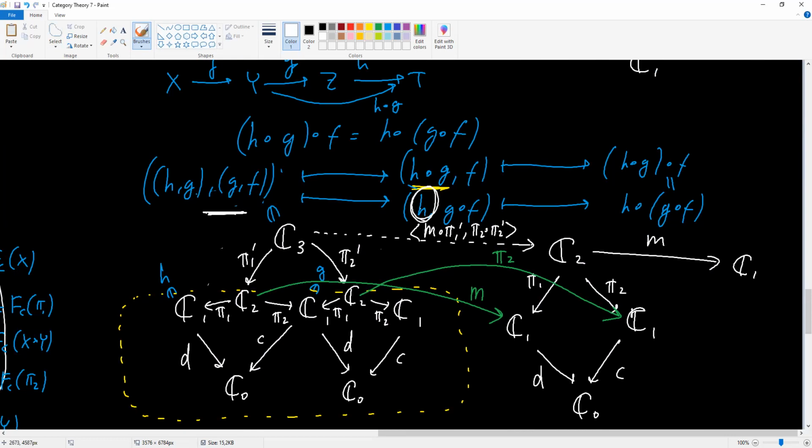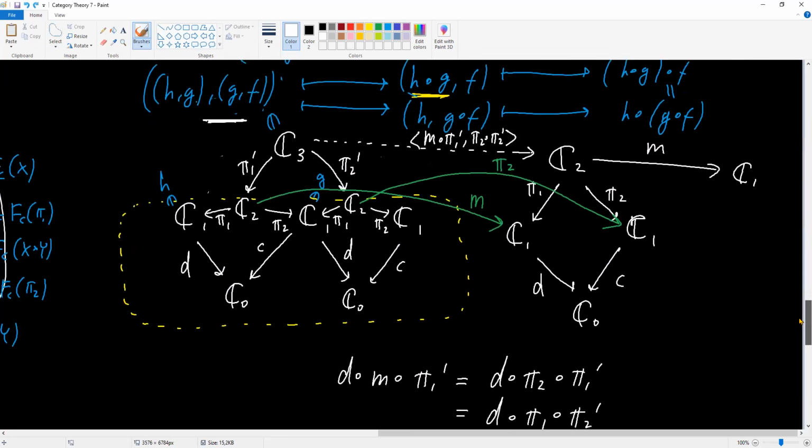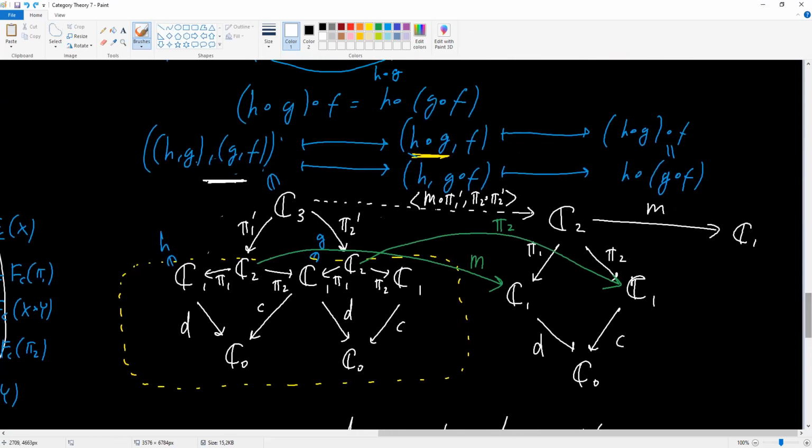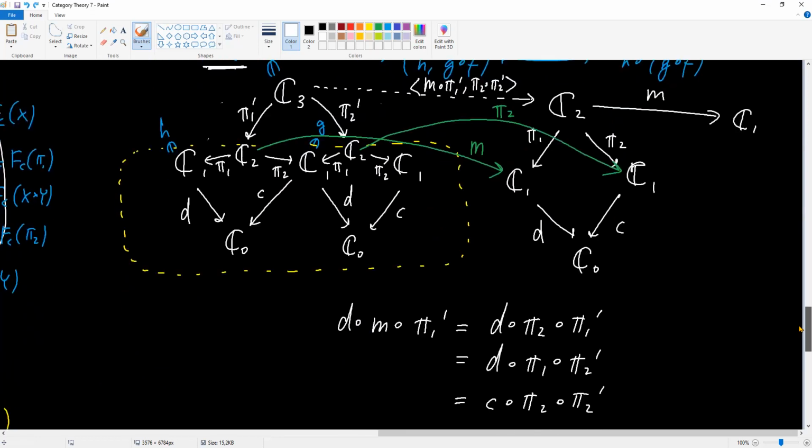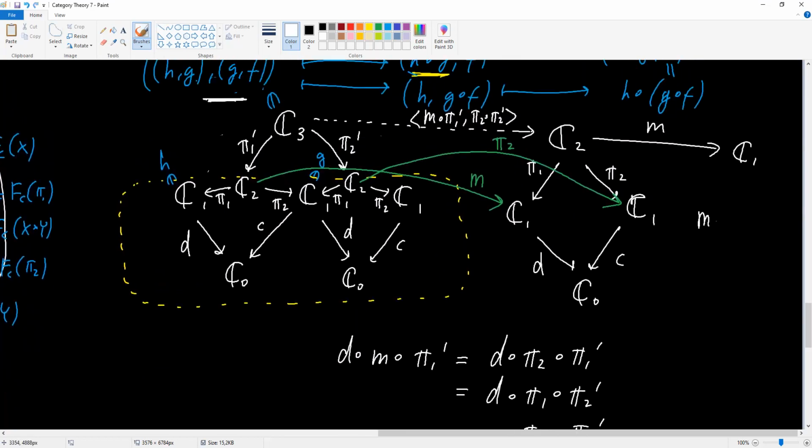We keep the H and we first compose G and F. And just like the other time, we're going to skip that. So it will be basically swapping these things around in this pair. So if this one was M composed with pi1 prime and pi2 composed with pi2 prime, the other one would be M composed with.